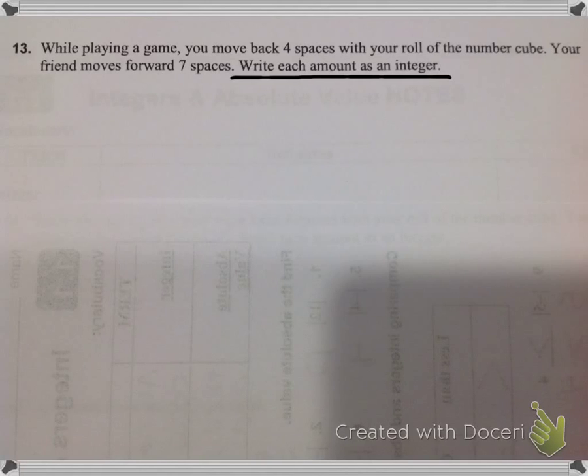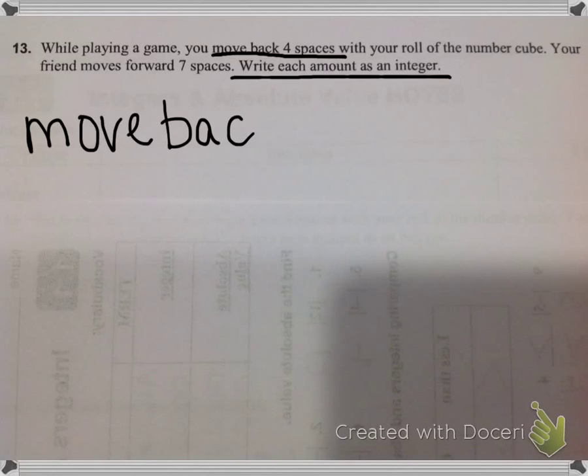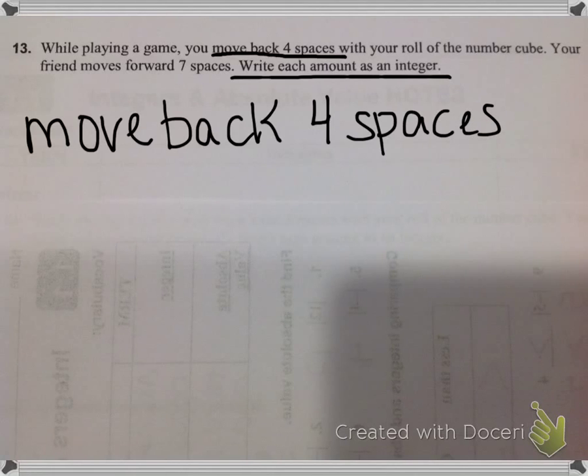Okay, so how are you going to write move back 4 spaces? Okay, moving back 4 spaces written as an integer, and I'm just going to write that out. Move back 4 spaces, would that be a positive or a negative integer? That would be a negative integer, and since you're moving back 4 spaces, it would be -4.